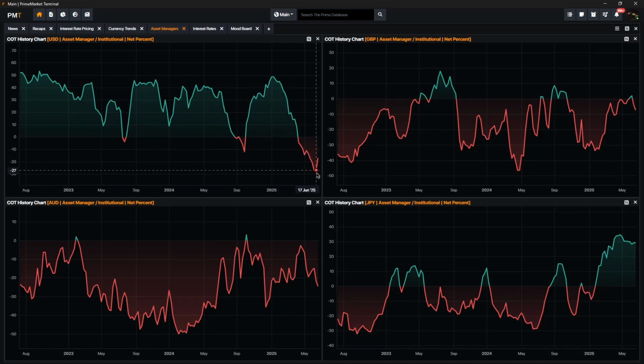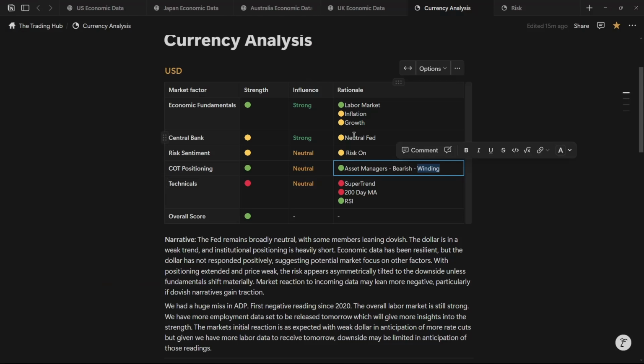So based on what I'm seeing right now, they seem to be building longs on the dollar. This is a sign that the dollar could be bottoming out on the charts. So the most recent data shows them adding positions, which has a single bullish reading right here. And the last one that we have now is technicals.